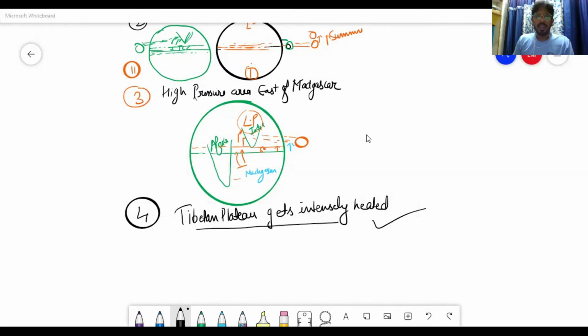And next is the movement of the westerly jet stream to the north of the Himalayas and the presence of the tropical easterly jet stream over the Indian Peninsula.